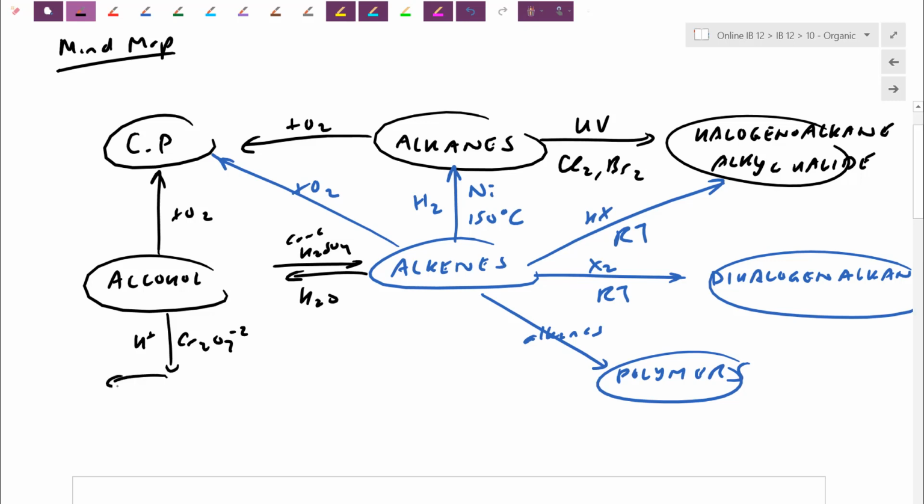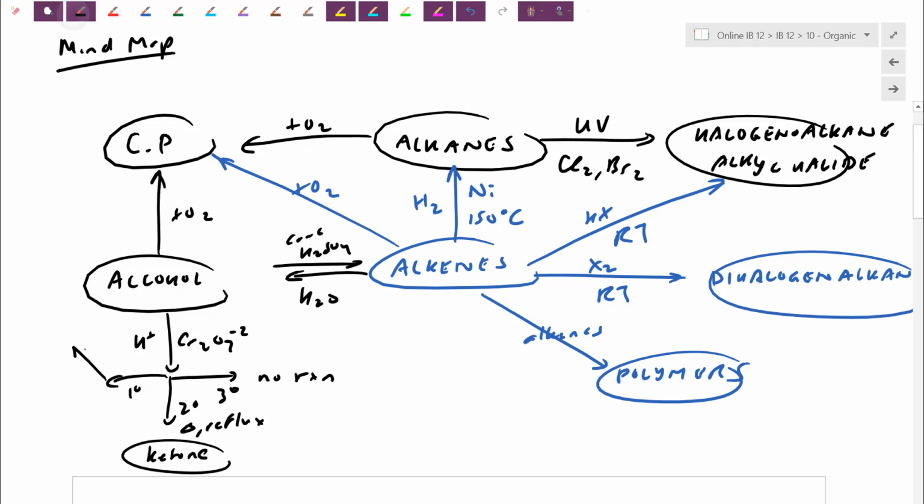And then for this one, depending on whether it's first degree, second degree, or third degree, the outcome is different. Third degree is always going to be no reaction. Second degree, usually with heat and reflux or heat and distillation, we're going to end up getting a ketone. There's no middle product here. Ketone is another family.